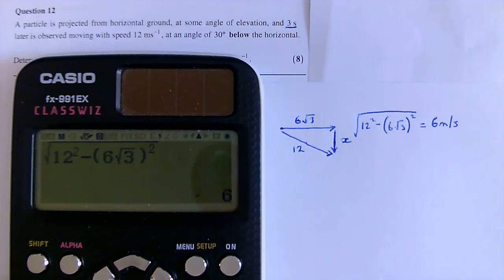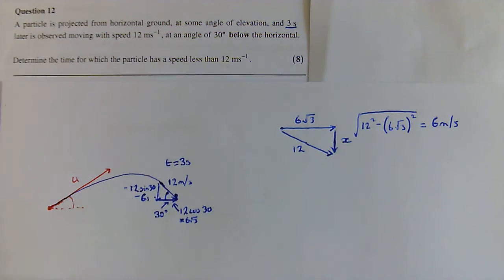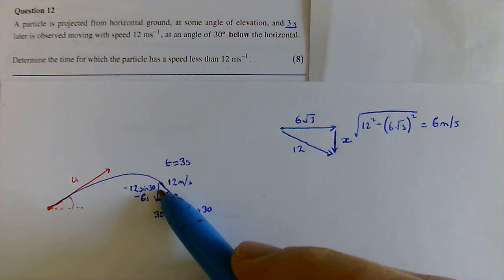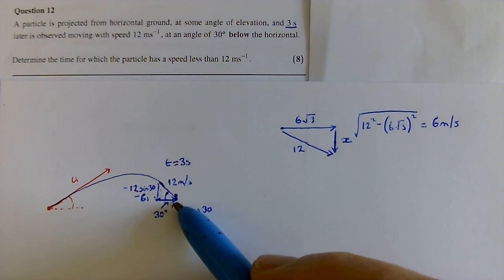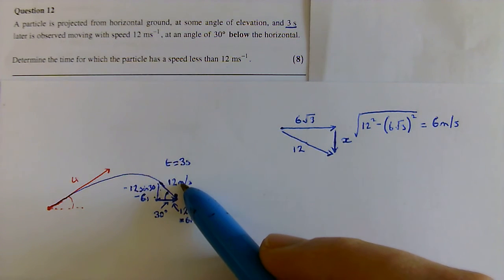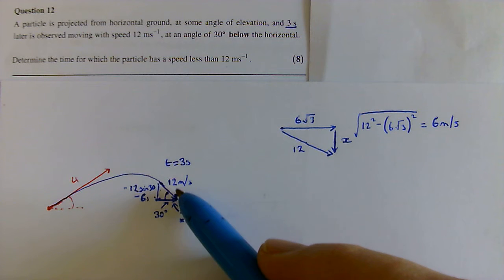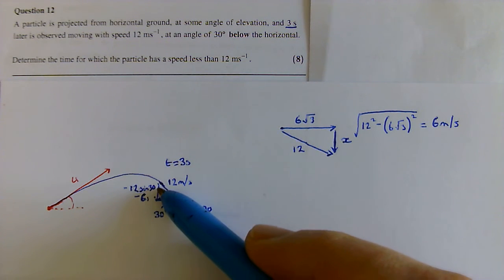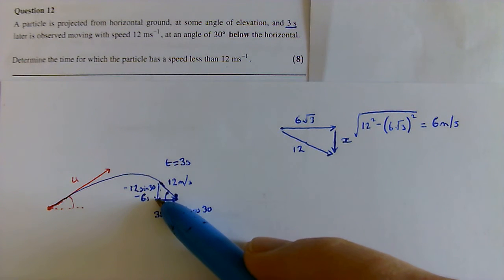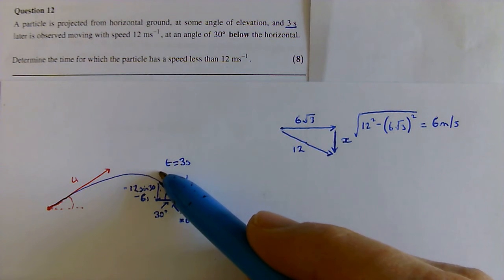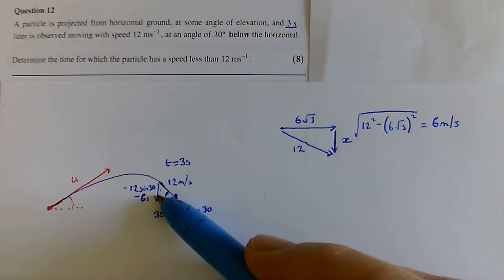Well, that shouldn't surprise us if we have a look at what's happening in the question. At this point here, we know the vertical component is 6 meters per second and it is travelling at 6 root 3 horizontally. That gives an overall speed of 12 meters per second. So if I want to be travelling at less than 12 meters per second, and the horizontal component is always constant, I know that the vertical component of the velocity has got to be somewhere between going upwards at 6 meters per second and downwards at 6 meters per second.